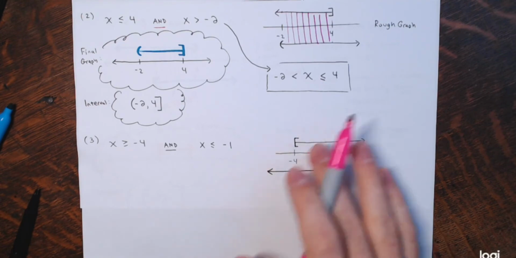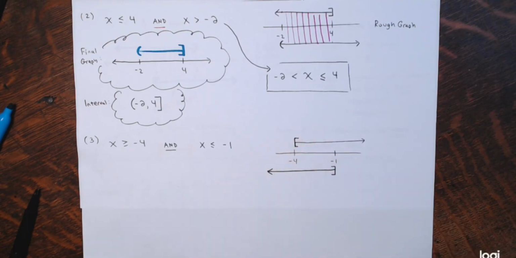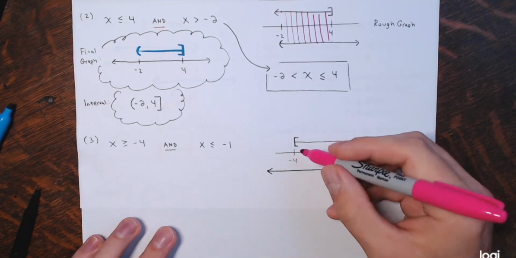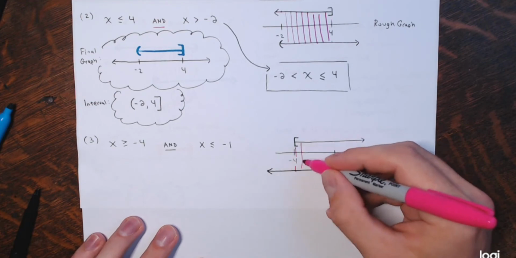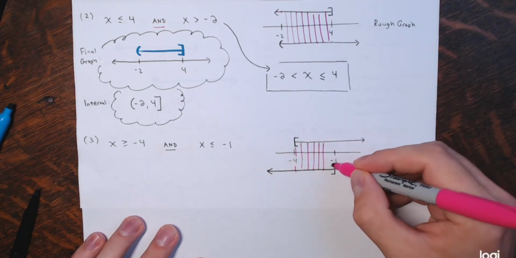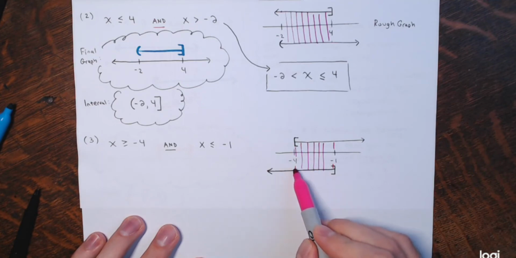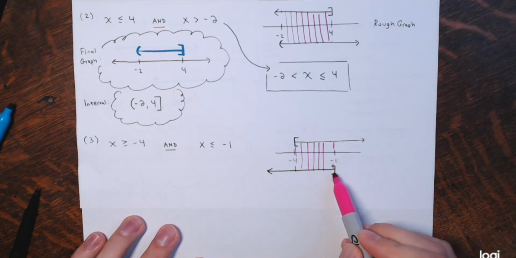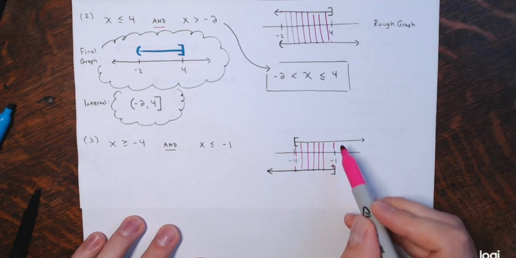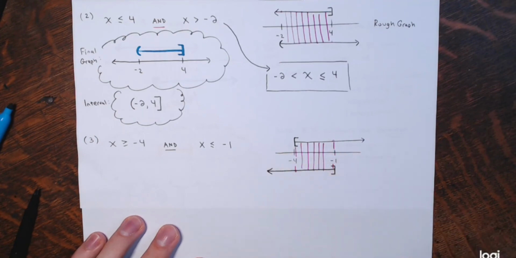And then the inequalities are connected by the word and. So not all these numbers are considered solutions, just the ones that satisfy both, just the ones in the overlap, which would be all these numbers in between -4 and -1, and including -4 and -1. -4 is on both graphs. -1 is on both graphs.